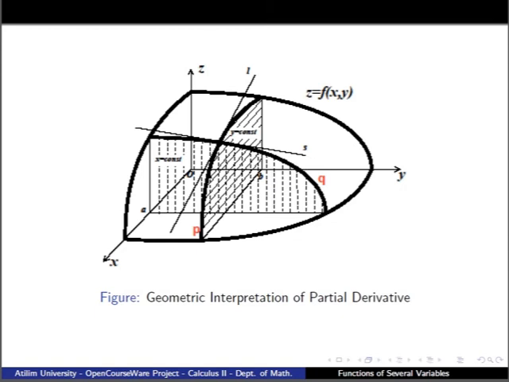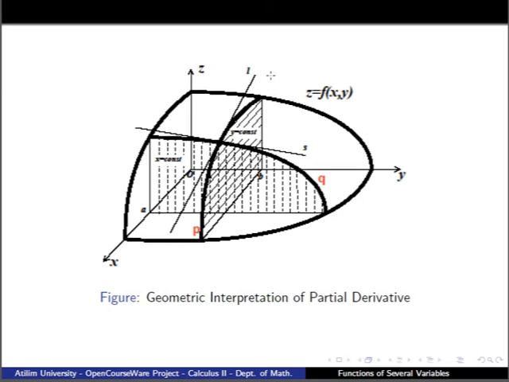Now, if you consider a surface z equals f of x, y, something like a part of an ellipsoid or a sphere that is given here in this diagram, and we intersect this surface by the plane y equals b, then the intersection curve P is obtained.